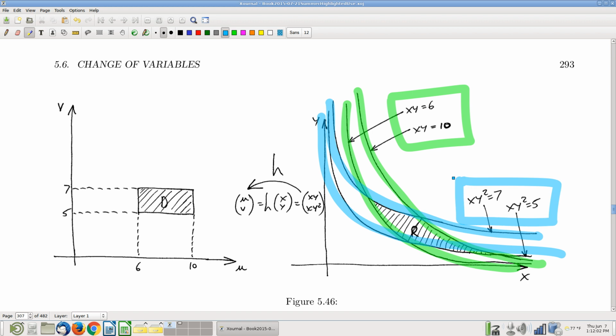And so I have two green curves and two blue curves, you'll notice. And I'm interested in the region that is bounded between those curves.